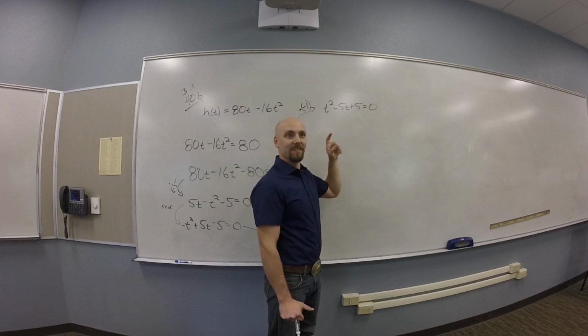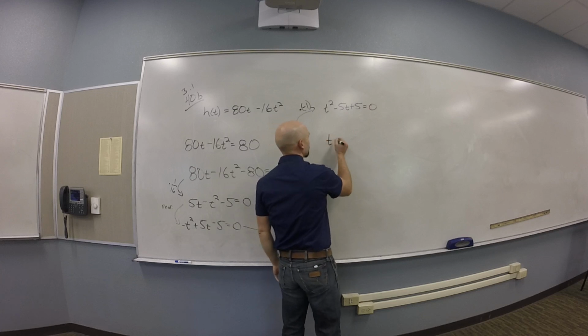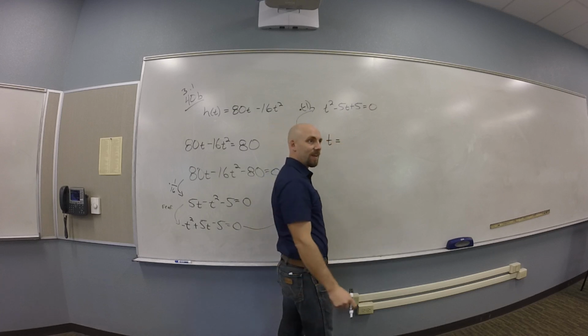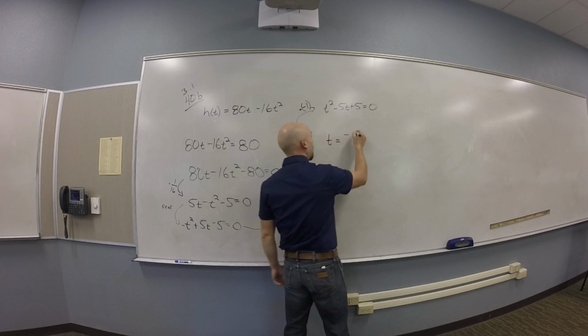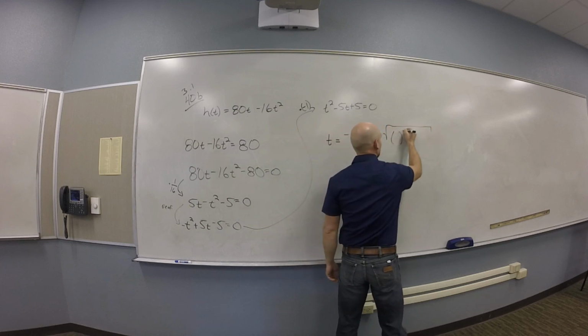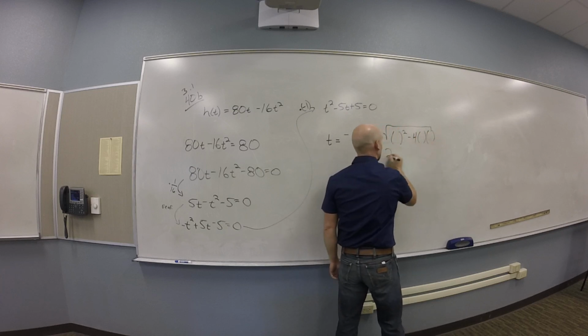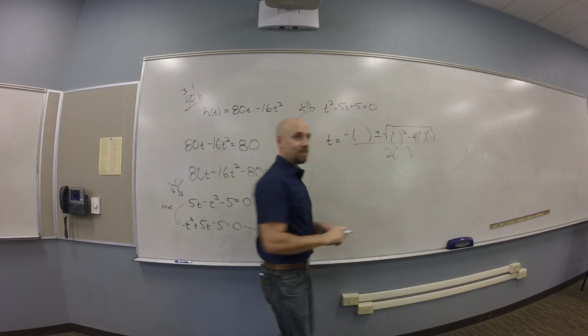Probably not. Next thing, quadratic formula. So t is negative b plus or minus the square root of b squared minus 4ac, all over 2a.